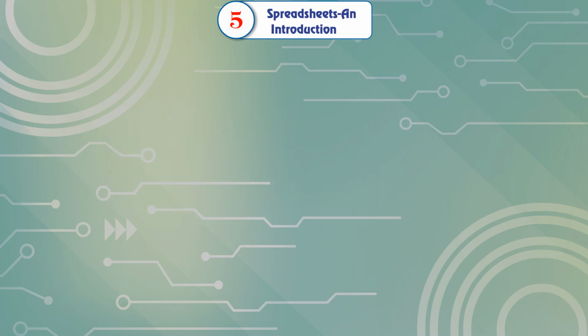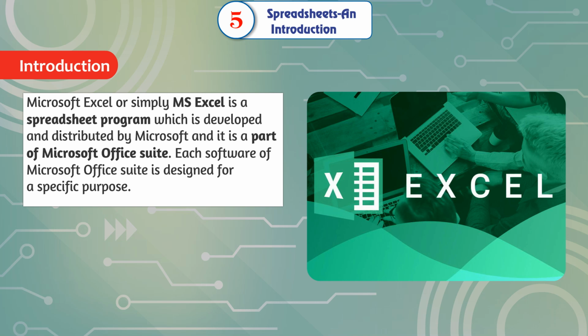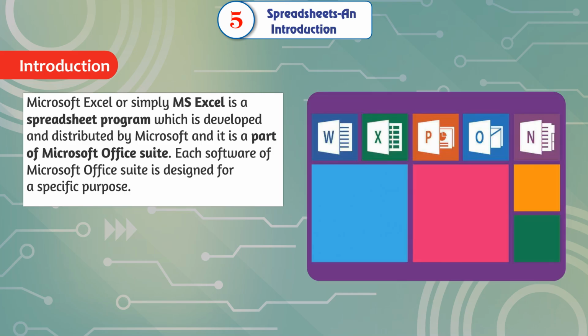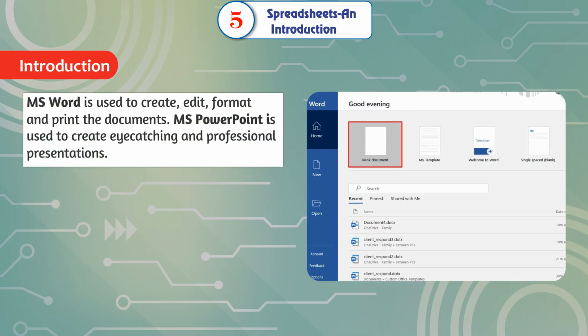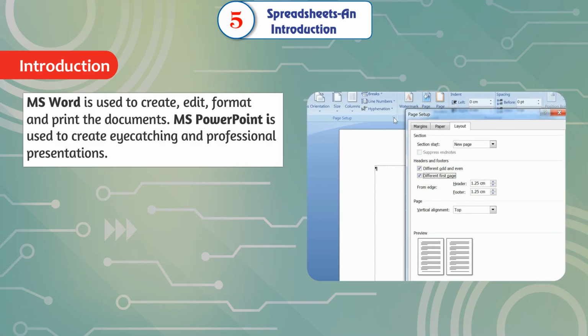Saving a workbook. Introduction. Microsoft Excel, or simply MS Excel, is a spreadsheet program which is developed and distributed by Microsoft, and it is a part of Microsoft Office Suite. Each software of Microsoft Office Suite is designed for a specific purpose. MS Word is used to create, edit, format, and print the documents.